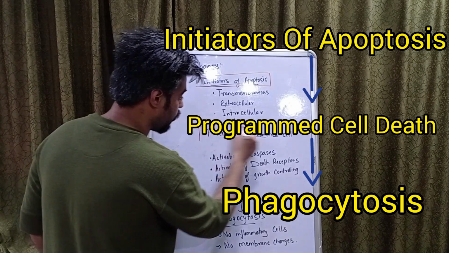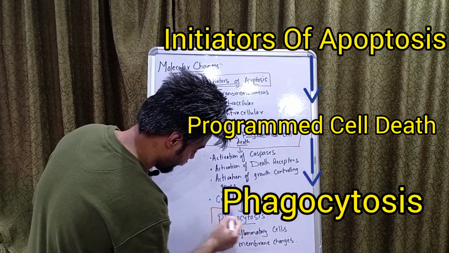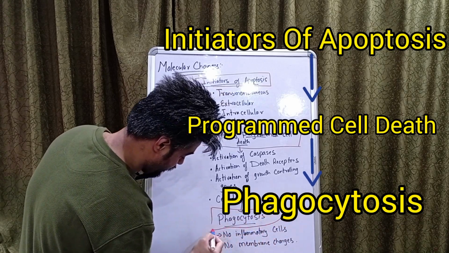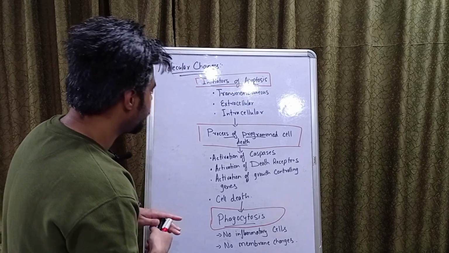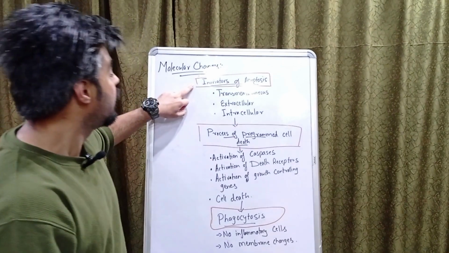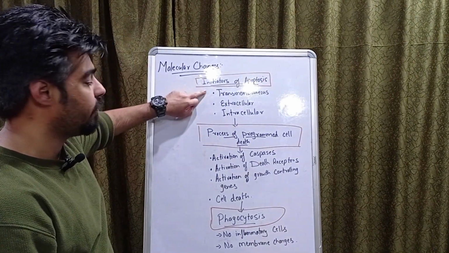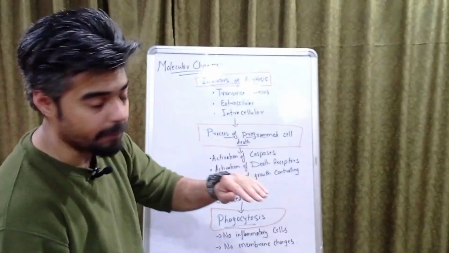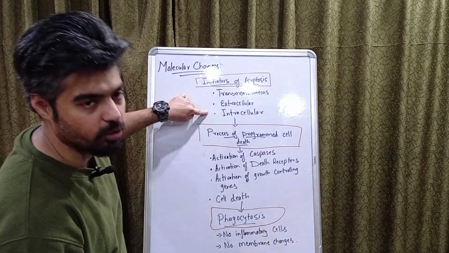The initiators of apoptosis can be in any of the membranes at any cellular levels. It can be transmembranous, at extracellular level, or at intracellular level.